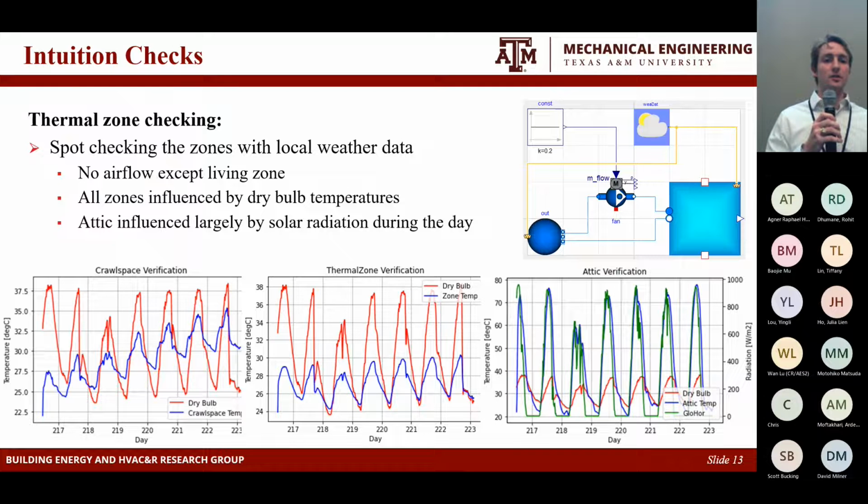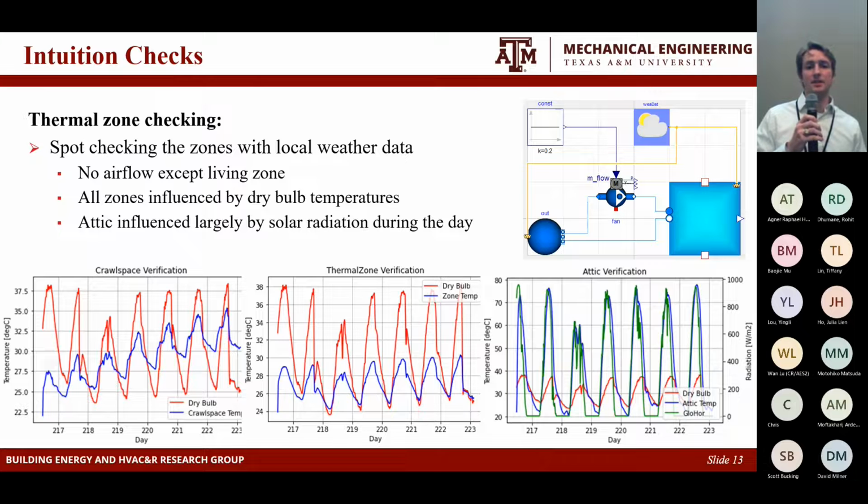We had our crawl space and our attic models run using the ambient conditions with weather, just so we could see how the weather affects it and if our building envelope models made sense. For the thermal zone model, we connected just an arbitrary fan blowing outdoor air inside of the model.